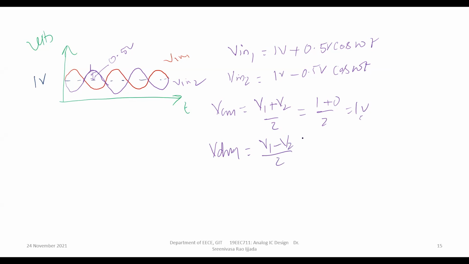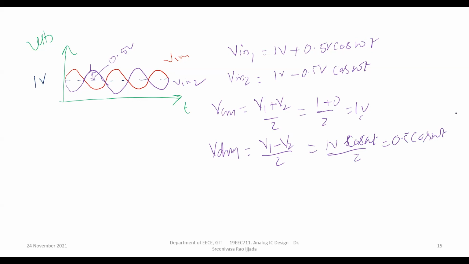So for V1 minus V2, these two will be cancelled and these two will be added, so it becomes 1 V cos omega t by 2, that is 0.5 cos omega t.